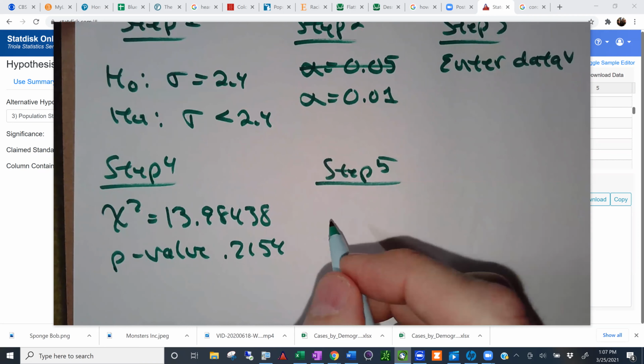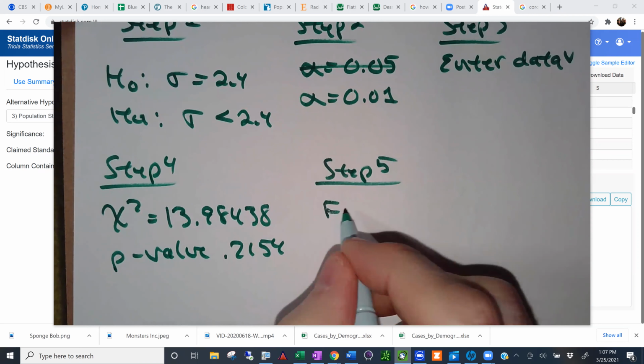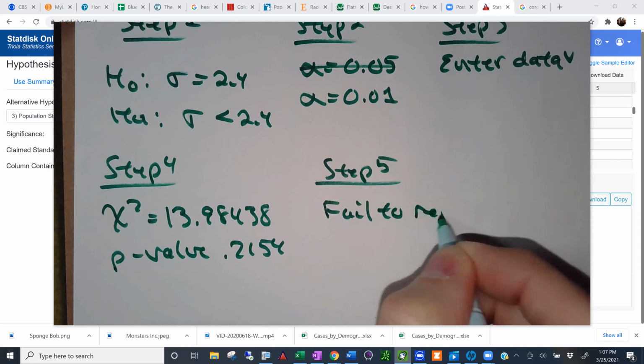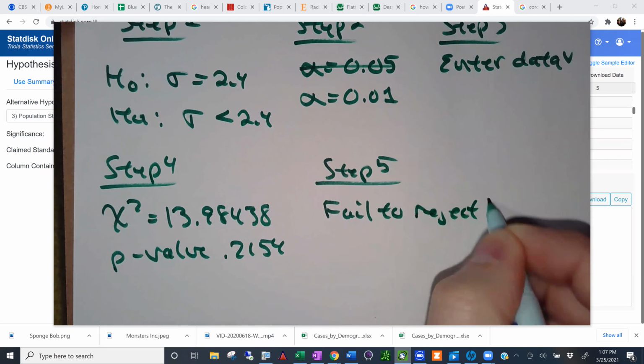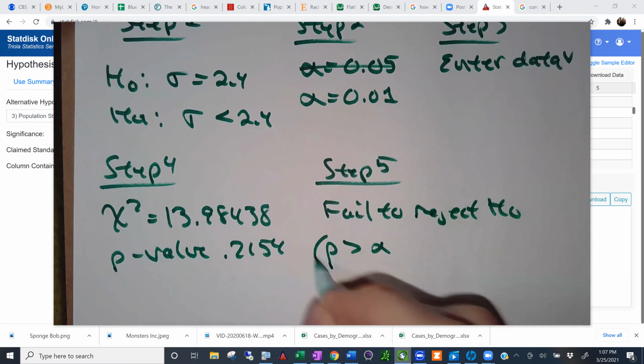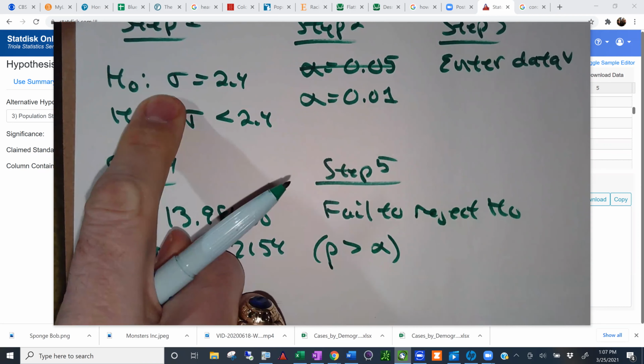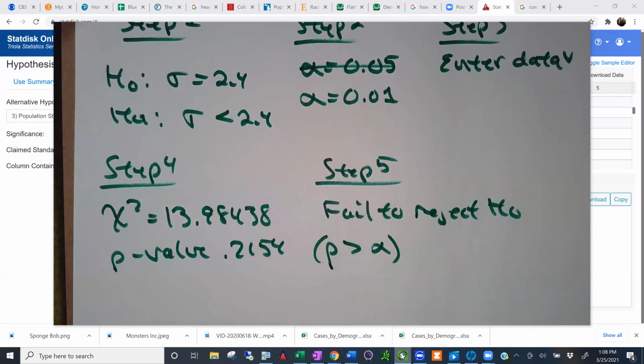I think you do not reject. Good. Fail to reject H naught, because our p-value is greater than alpha. If the p-value is high, H naught will fly, meaning we'll let it go. We won't reject it.